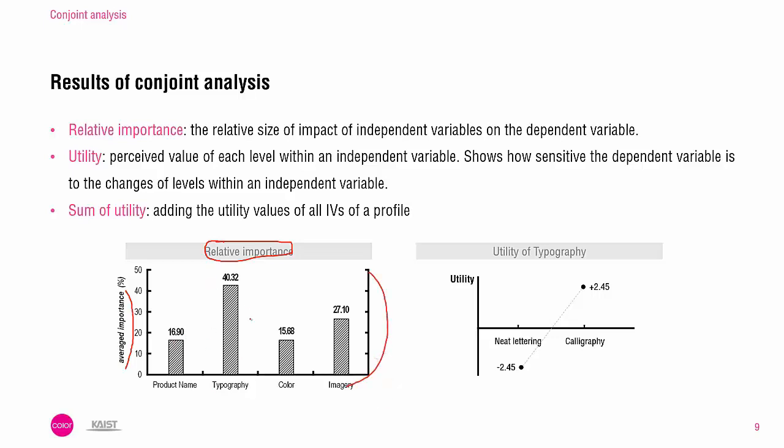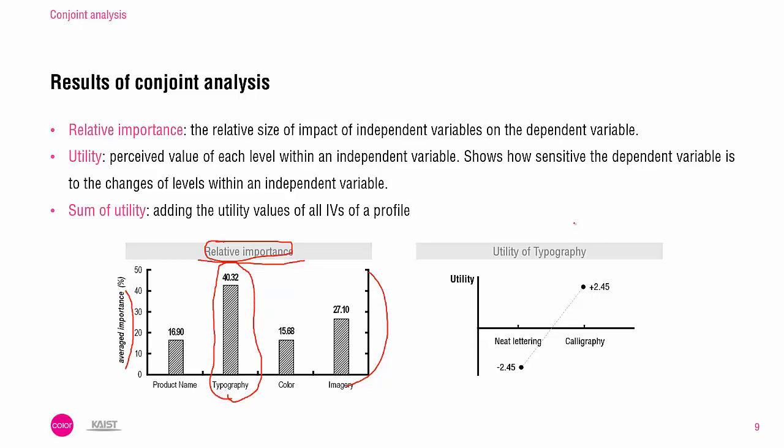So the chart we get in SPSS is simply the averaged one. The relative importance provides us the relative size of impact of independent variables on the dependent variable. In the previous packaging design case, we found out the typography had the largest impact on people's judgment of organic feeling.